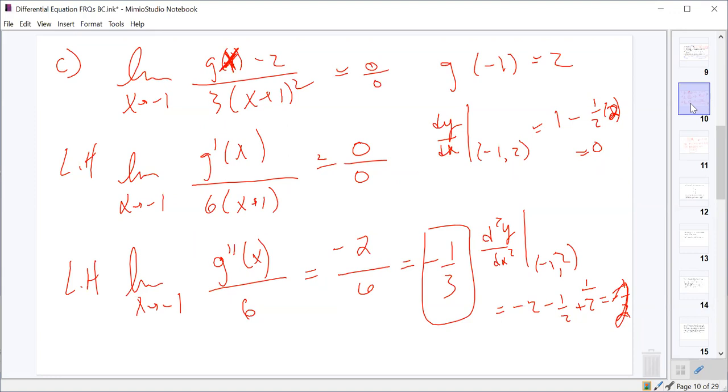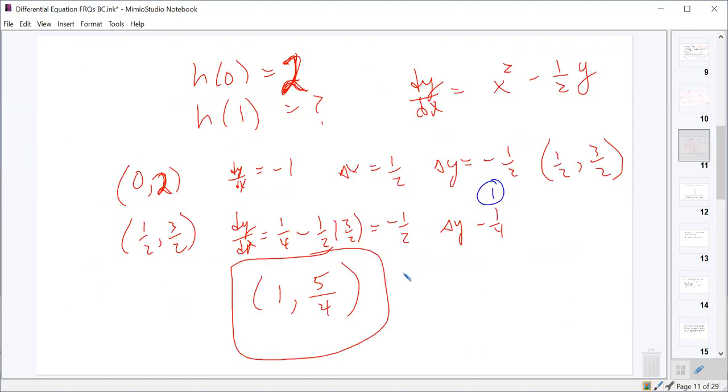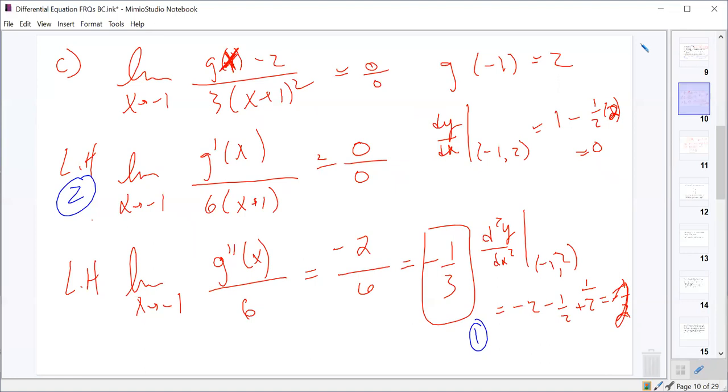Part C: if you just use L'Hopital's rule, you got 2 points. And then if you got the final answer correct, you got another point. And then for the last one, if they could see you were using Euler's method, you got a point. And if you got the right answer, you got a point. All right, everybody good with all of the parts of that?